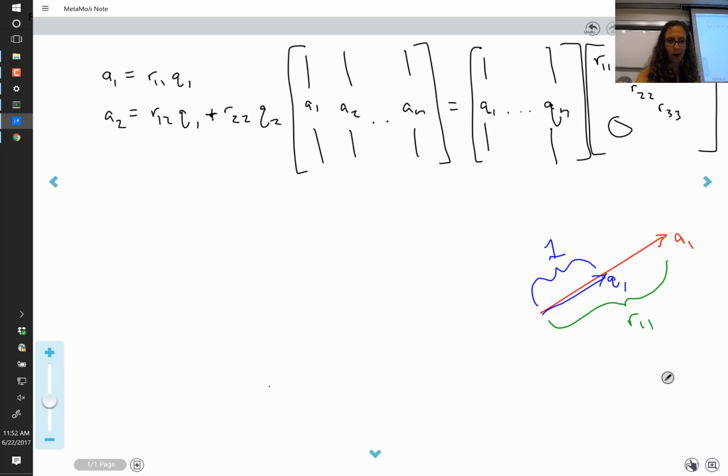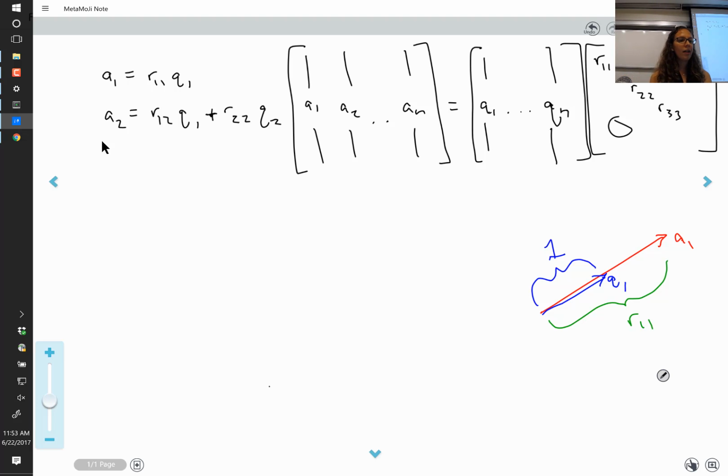That's coming from taking the second column of R and multiplying that by the matrix Q, which just picks off Q1 and Q2. Remember, everything below R22 is 0, so we have 0 coefficient for Q3, Q4 up to Qn, and so taking this linear combination of the columns of Q, we get R12 times Q1 plus R22 times Q2 equals A2.